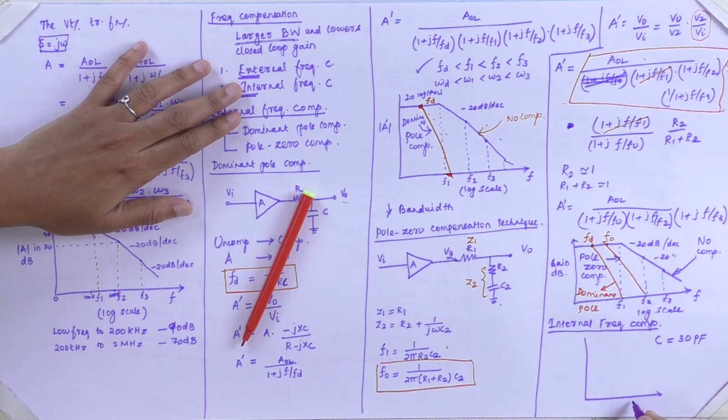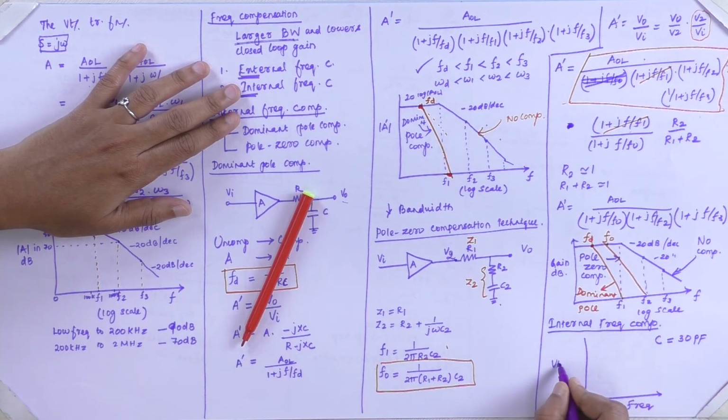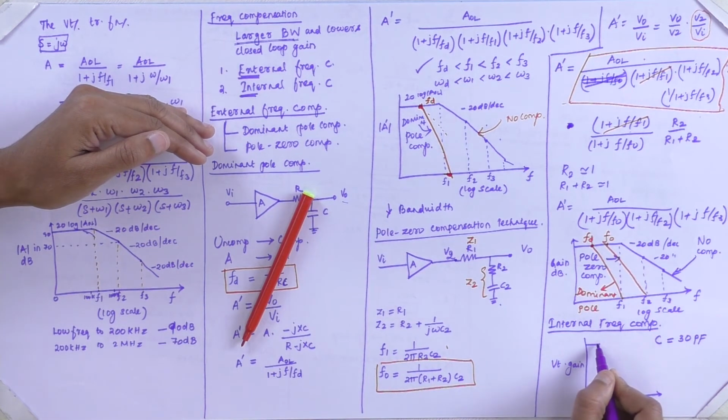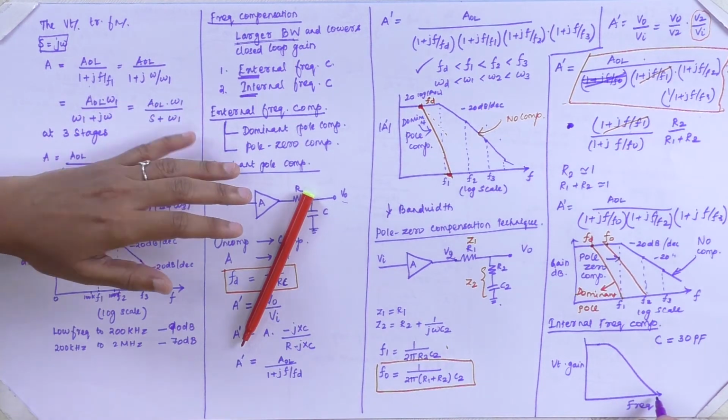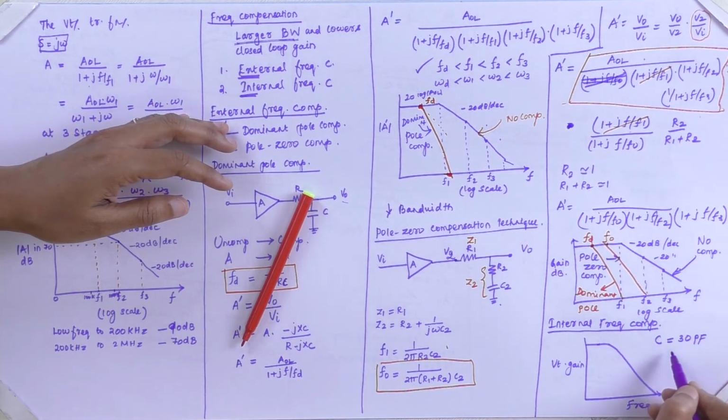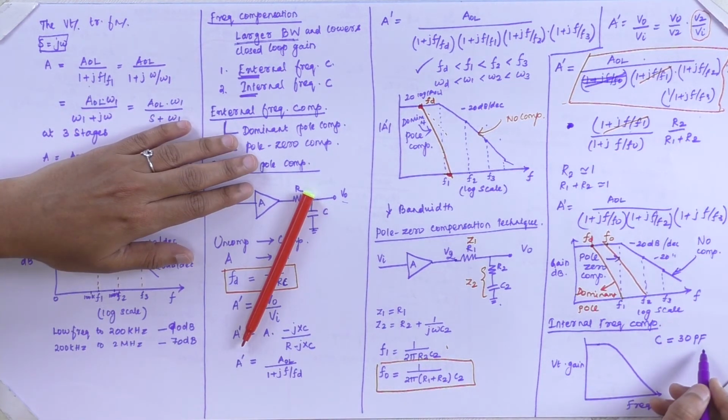Again a frequency response, your x-axis is frequency and your y-axis is the voltage gain. So earlier it maintained some decibels of gain and it finally shuts off to the ground signal. That is, at higher frequency with zero gain. So in this condition, when we use that capacitor with 30 picofarad, it shuts off that signal. So this is the frequency to be used in-built in your operational amplifier.